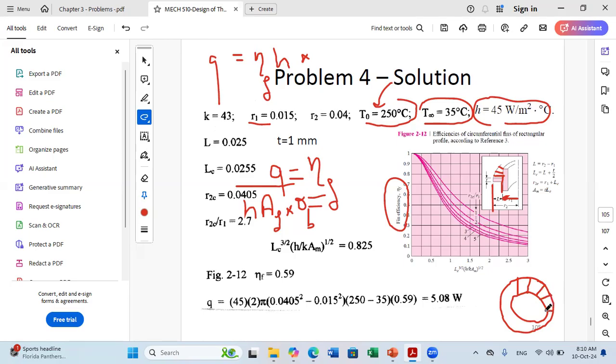To calculate this area, all you have to do is consider the area of this annulus. This distance is R1, the inner radius of the circumferential fin, and this radius here is R2, the outer radius of my fin.